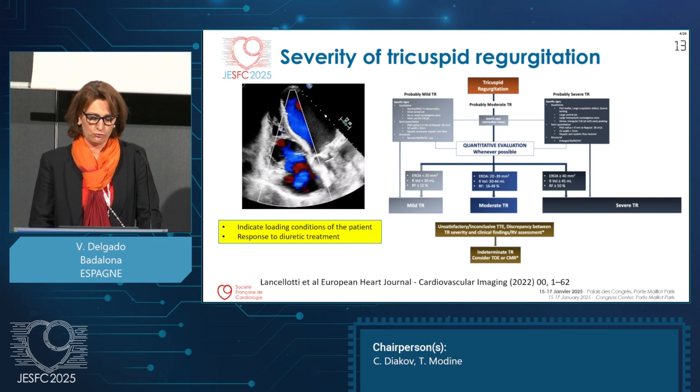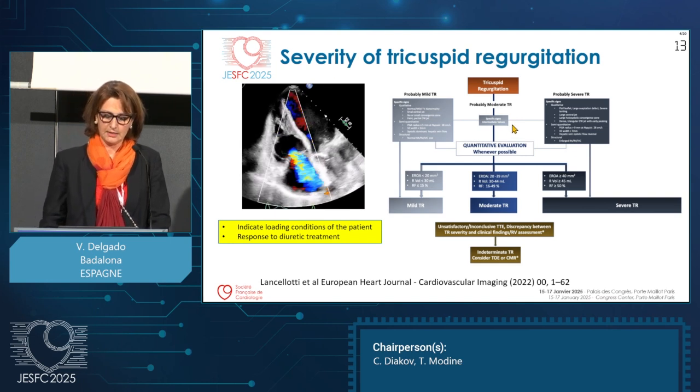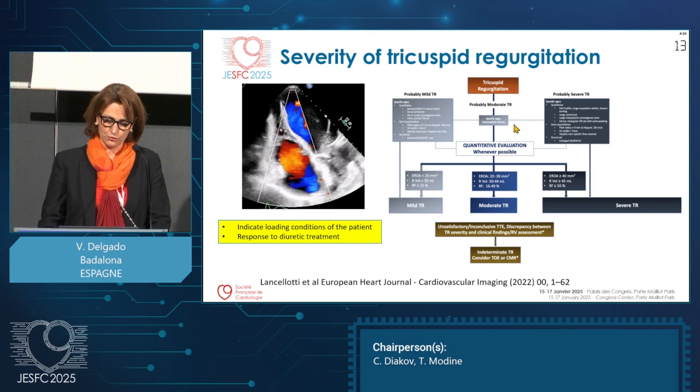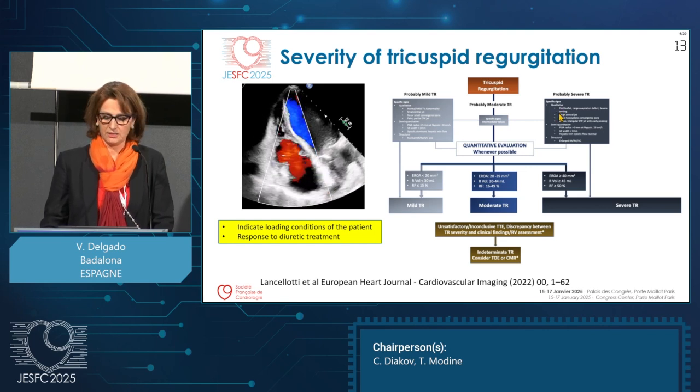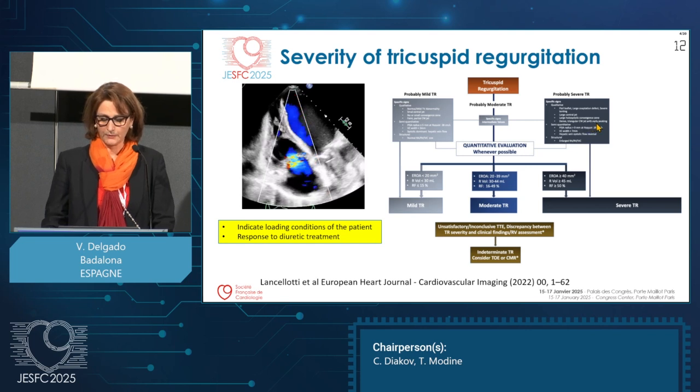But before you go to a quantitative evaluation, there is this step, in small letters, where you may already have probably severe tricuspid regurgitation and you can skip the quantitative evaluation if you have qualitative parameters that indicate it is probably going to be severe, such as a flail leaflet, a large coaptation defect, or a severe tenting of the leaflets with a very large central jet, a very large holosystolic convergence zone, or a dense and triangular continuous wave Doppler jet with early peaking.